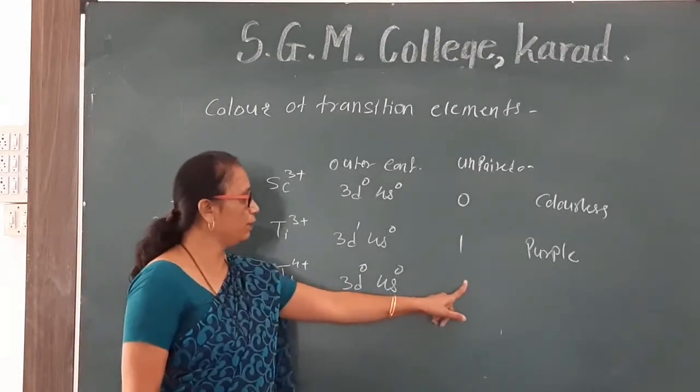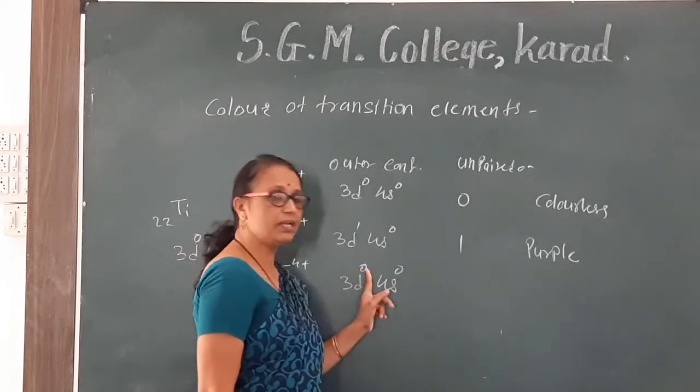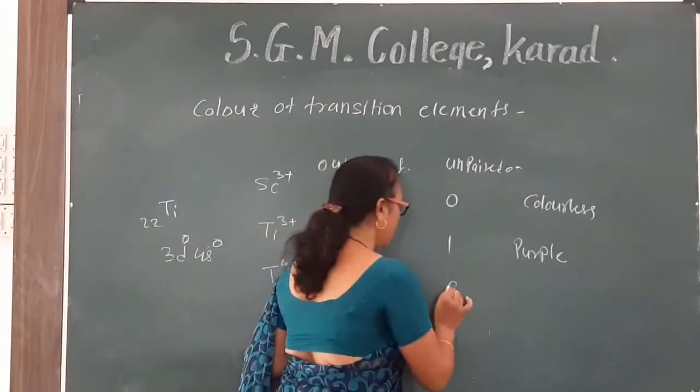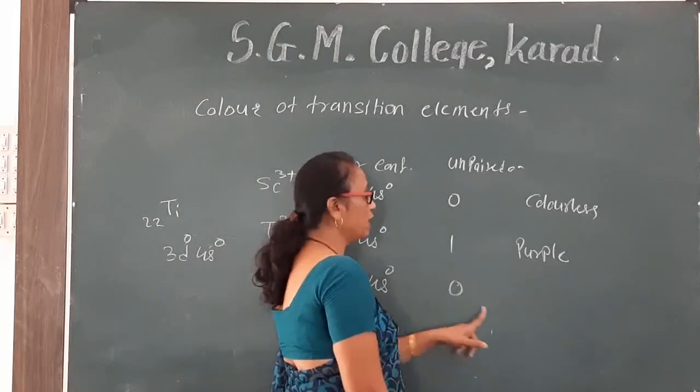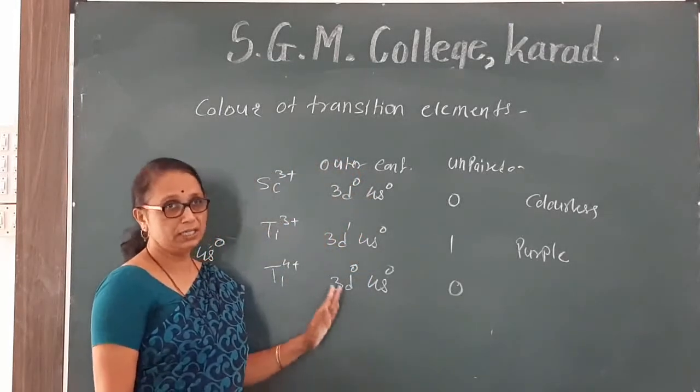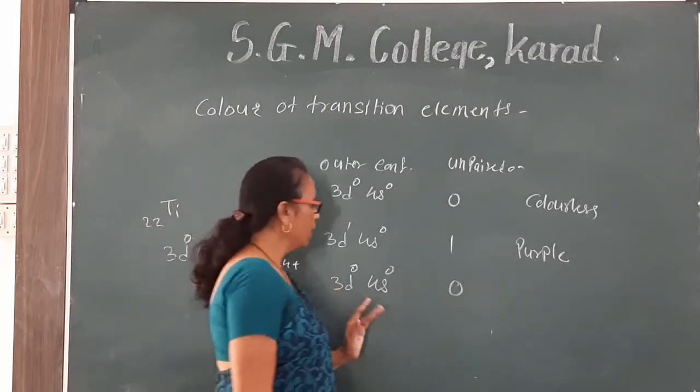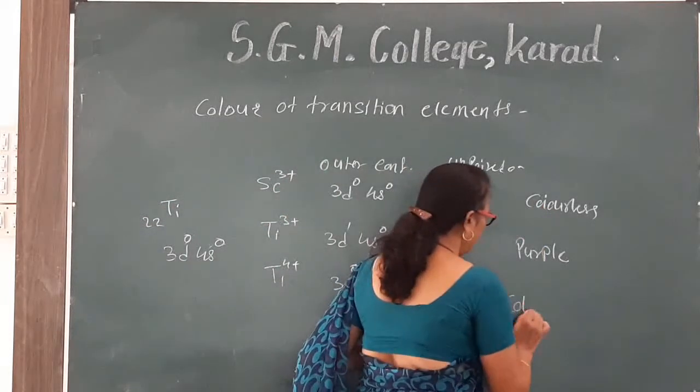How many unpaired electrons? No unpaired electron, unpaired electrons 0, and hence for Ti 4+, d-d transition is not possible. The color is colorless.